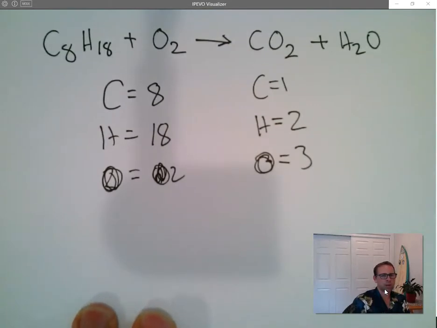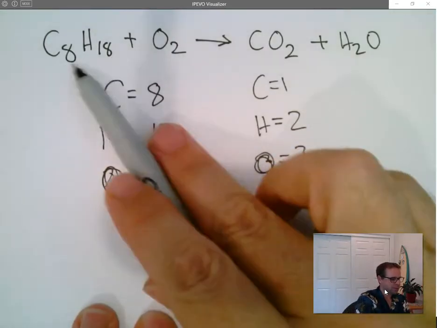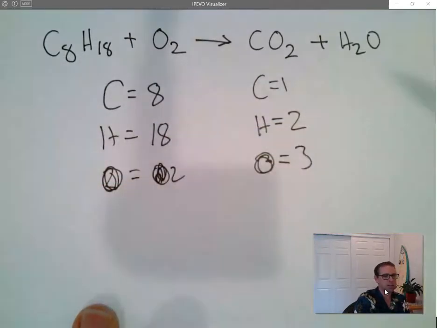All right, so how are we going to fix things? We need to use the coefficient in front of the one on the left. Tell me what that is. C8H18. You can call it C8H18 if you don't know, but that's octane.